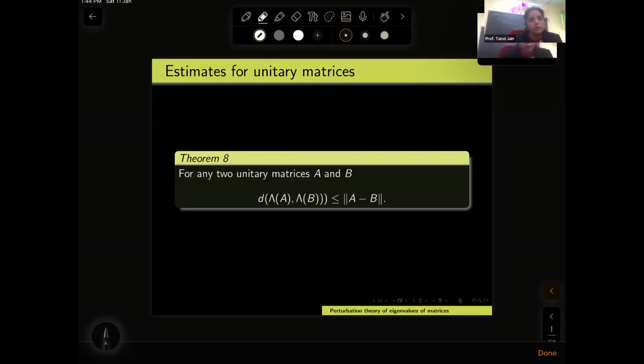We now give the thing we were expecting for two unitary matrices A and B: the optimum matching distance d(A, B) is less than or equal to the norm of A minus B. Here we have totally ignored the ordering.